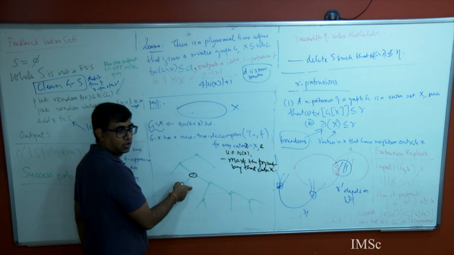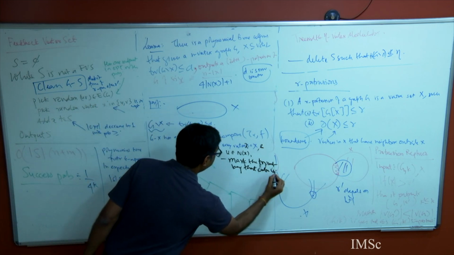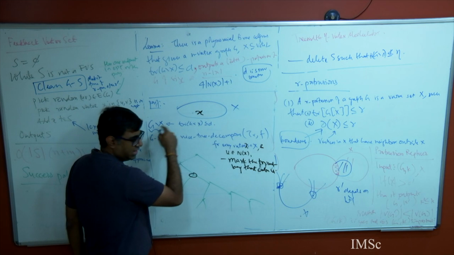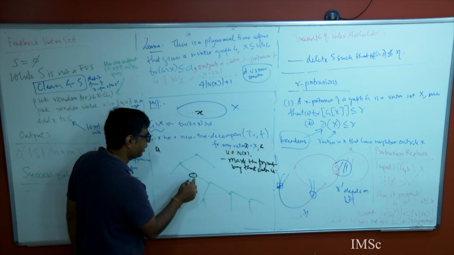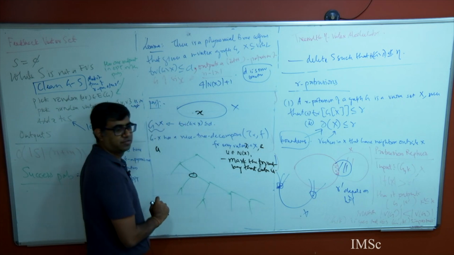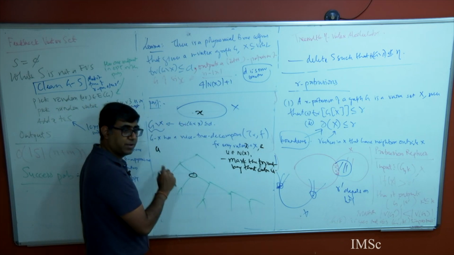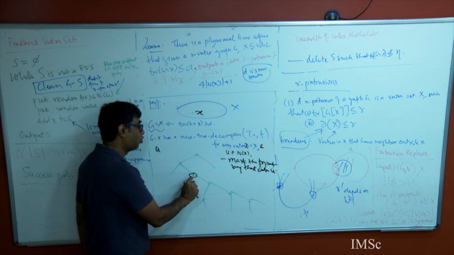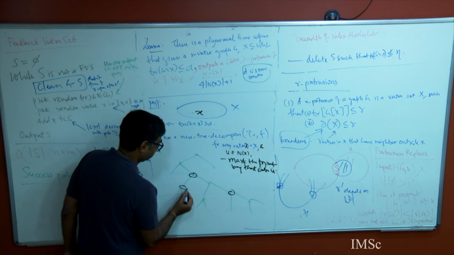There are lots of bags which contain u. So I fix some u and look at which bags u is in, because it's a tree decomposition. Among all these, I pick the one closest to the root. This is what I mean. So I mark like this.